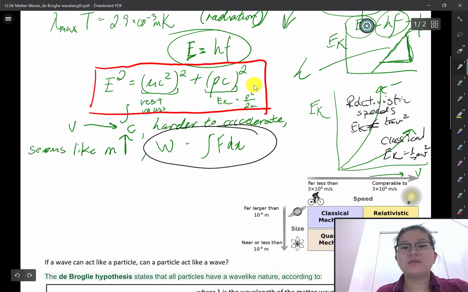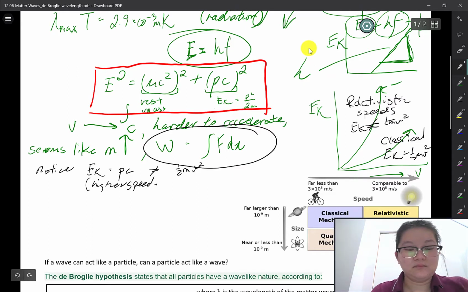So this is what we use to calculate its kinetic energy. At higher speeds, notice that the kinetic energy is modeled by pc, in fact. So that's E squared equals pc, all squared. So for kinetic energy, we can use momentum times the speed of light when the particle is moving at higher speeds.